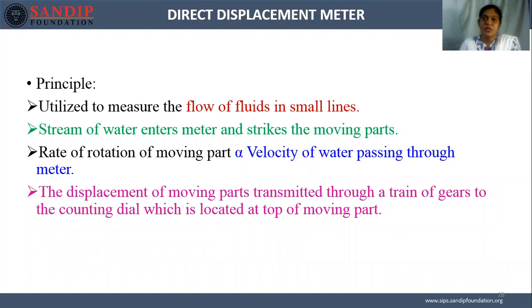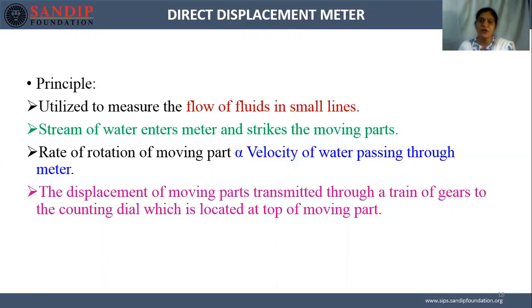Then the next one, the direct displacement meter. It is used for the measurement of flow of fluid in small lines. Whenever a stream of water enters the meter and strikes the moving part, the rate of rotation of the moving part is directly proportional to the velocity of water passing through the meter.